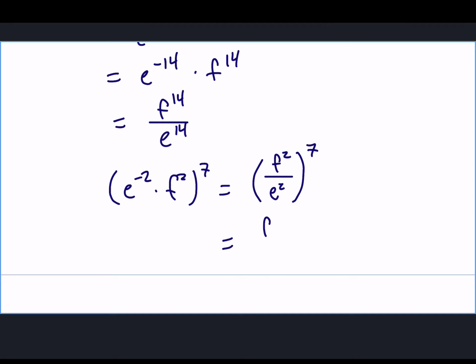And so I'll get f to the 2 times 7 over e to the 2 times 7, which gives us f to the 14th over e to the 14th. So in summary, we get the same thing either way, right?